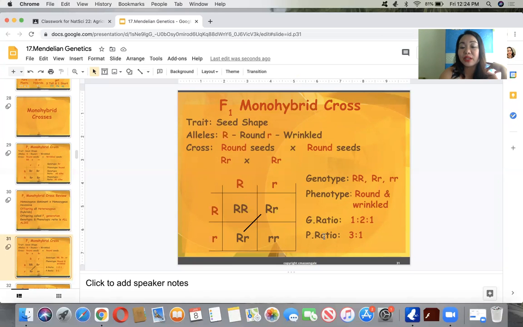The phenotypic ratio is 3:1. It means there are 3 round ones and 1 wrinkled seed shape.